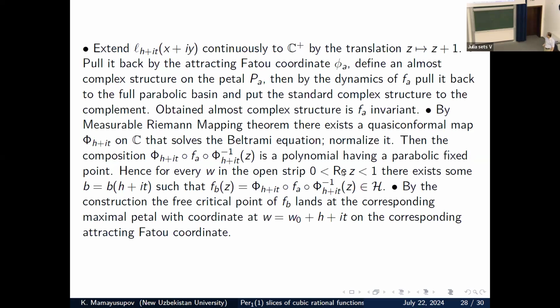So now you look at the coordinate of the other critical point. Since you shifted by H on the horizontal and T on the vertical, you get any map that you started with. So this is now the coordinate of this obtained map on the Fatou coordinate.